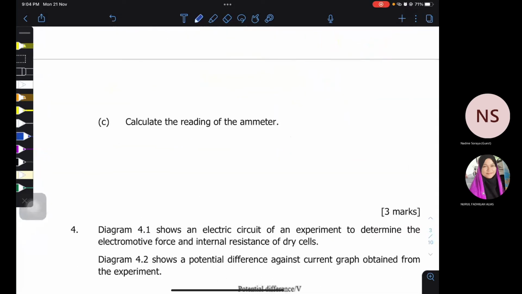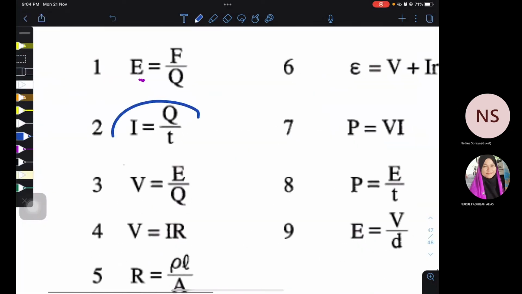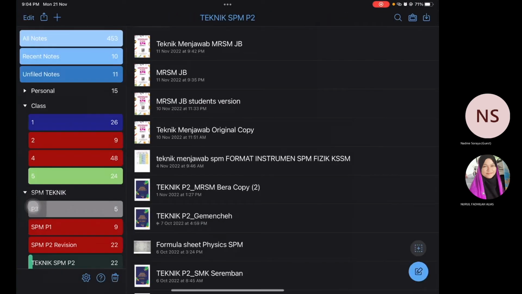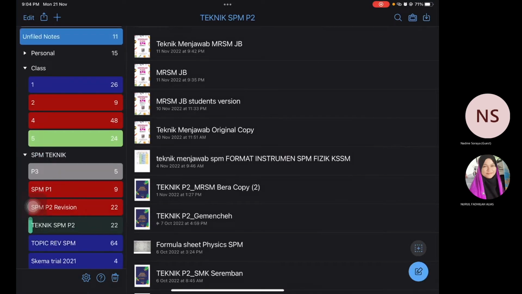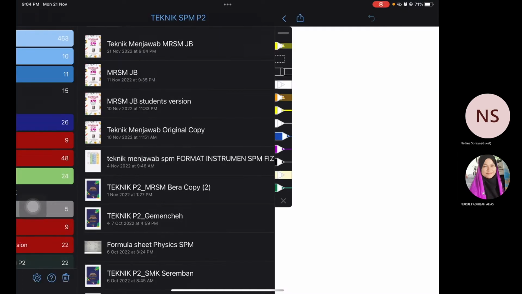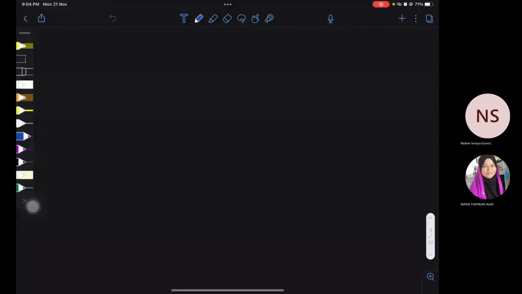So calculate reading of ammeter. Ammeter measures current. Ada formula tak current tadi? Always check dalam formula sheet. Ada tak? Okay, kita guna formula ni boleh, formula ni boleh. Tengok mana satu yang paling sesuai. Okay.